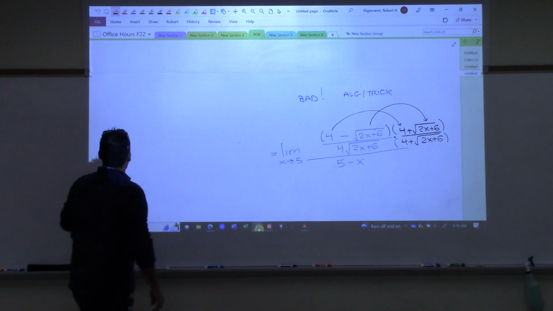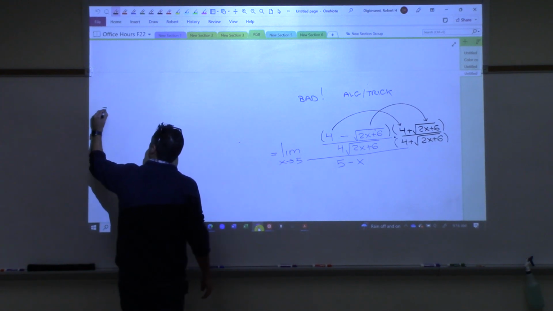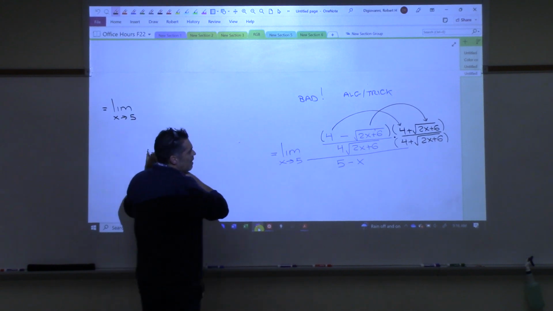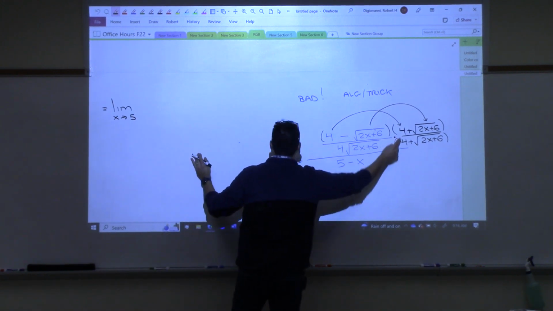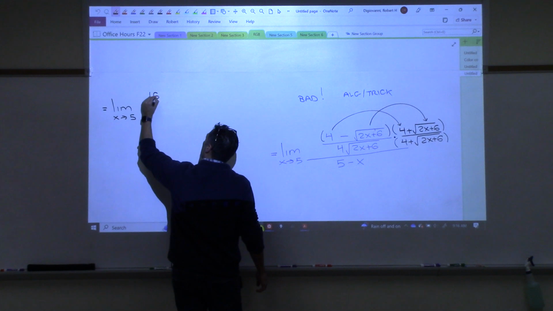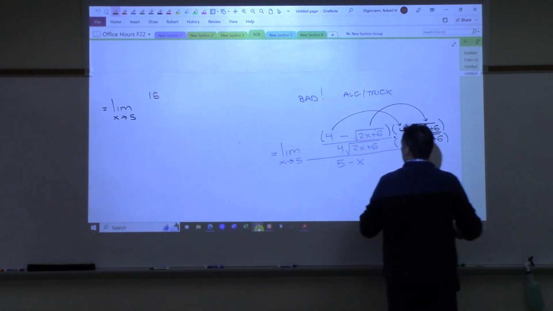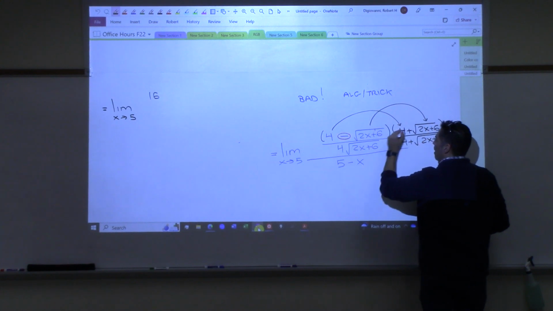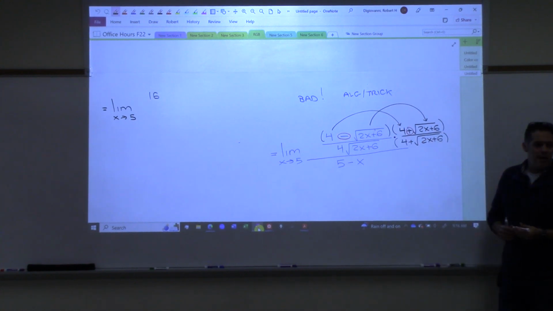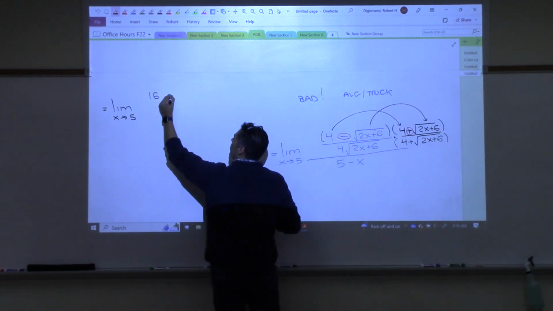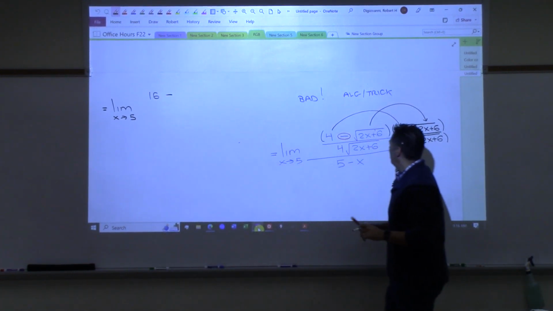Okay. All right, so this is what we got. Limit, x approaches 5. When I multiply 4 times 4, I'm going to get 16. And now, on this next multiplication, I'm going to do a negative times a positive, which should give me a negative. And now this is where students mess up.